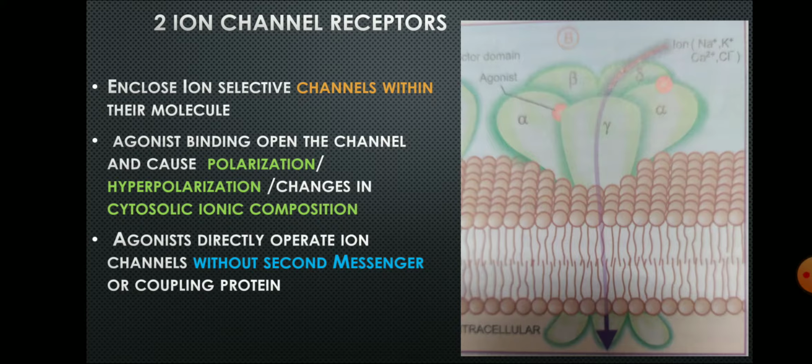Ions, for example, sodium, potassium, calcium, chlorine, are shown here. These can pass through these channels. Now the agonist binding opens the channel and causes depolarization or hyperpolarization or changes in cytosolic ionic composition.